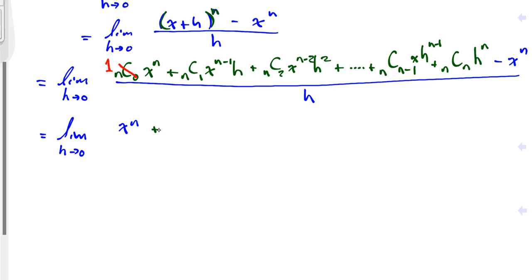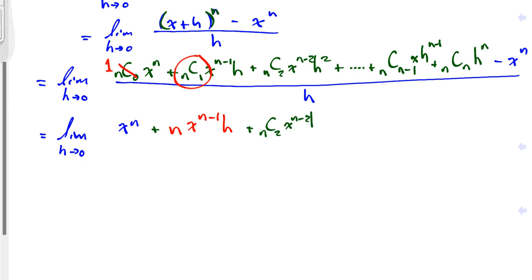But before I do all the rest of it, what will n choose 1 equal? N, yeah. So that's going to be n x to the n minus 1 times h. And then my next term, n choose 2, which I don't know because I don't know the n value.